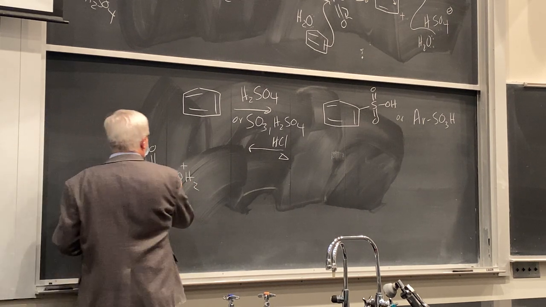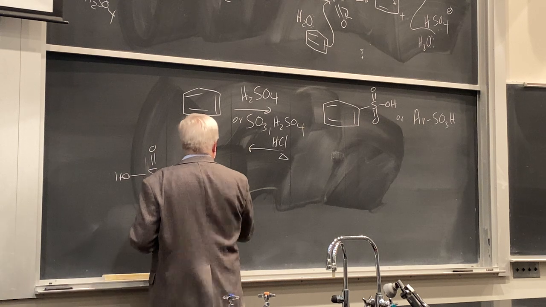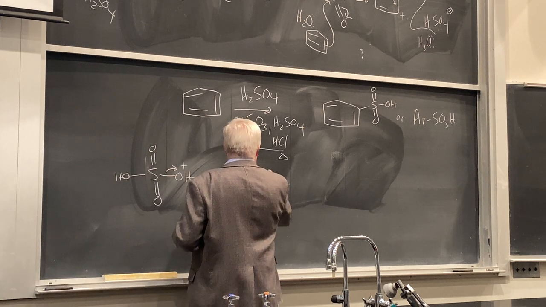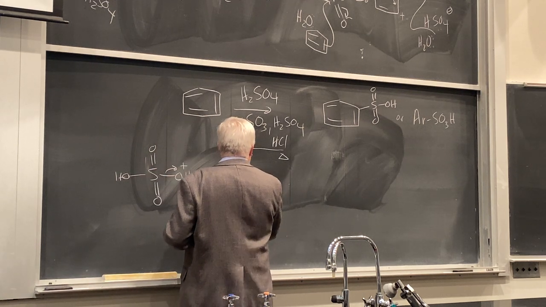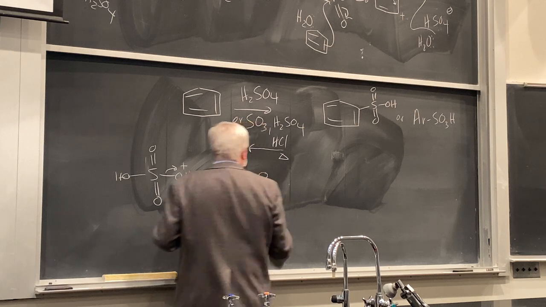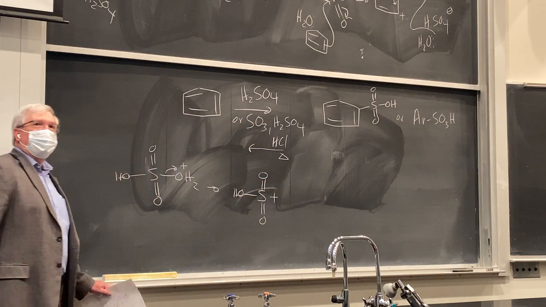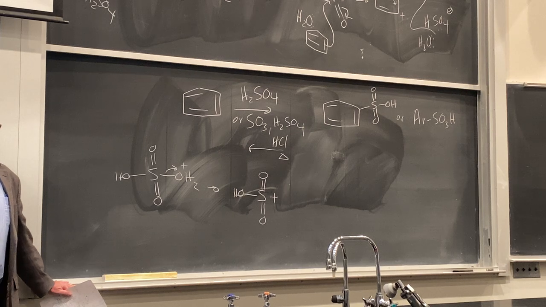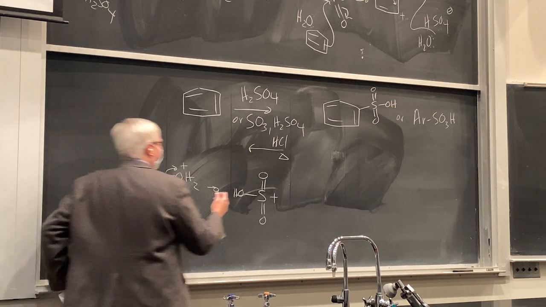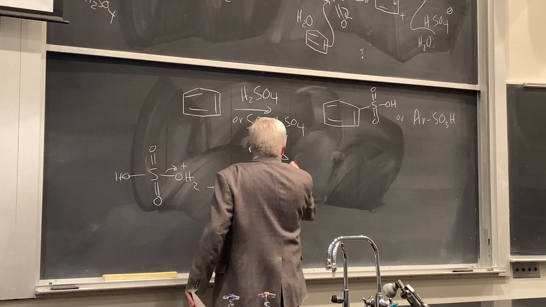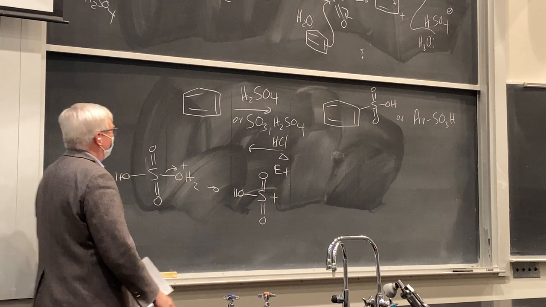And then what? If we lose water there, what do we get? We get the sulfur, and that's called the sulfonium cation. Guess what? What is that then in the mechanism? That's the true what? Electrophile. There it is. Okay. A little easier to see.